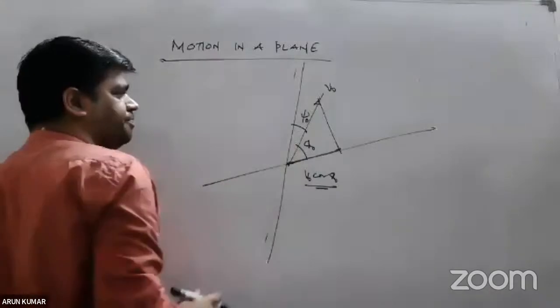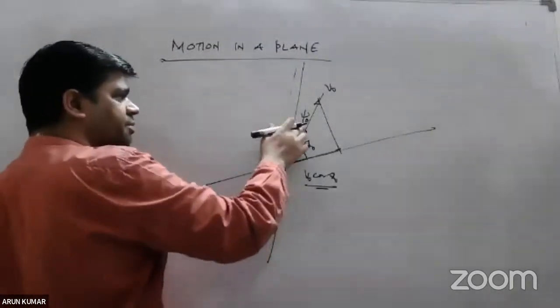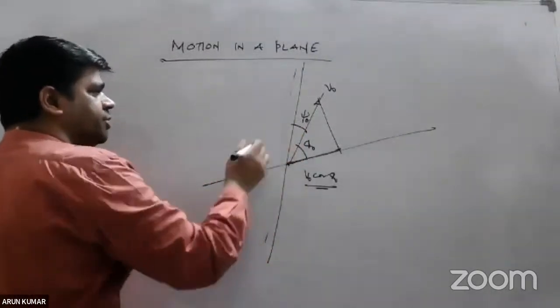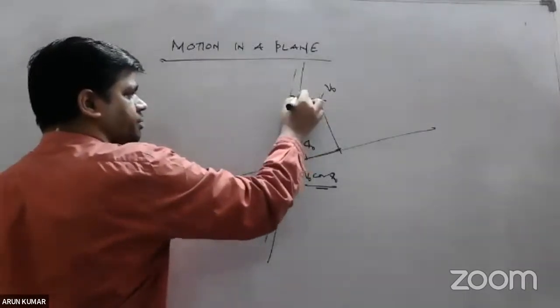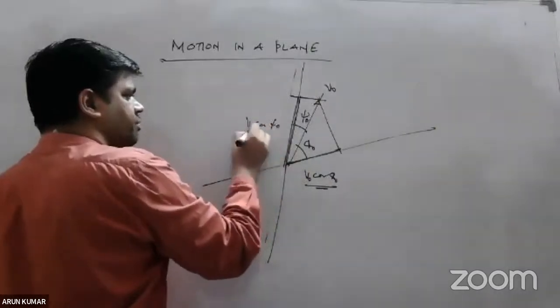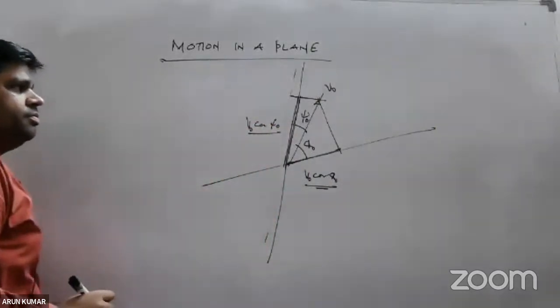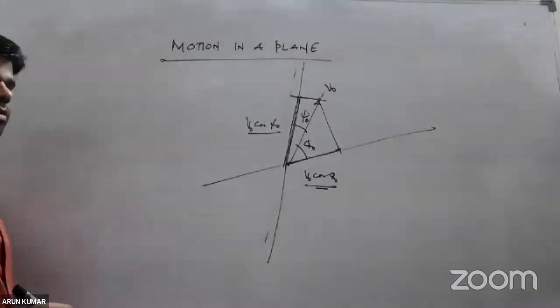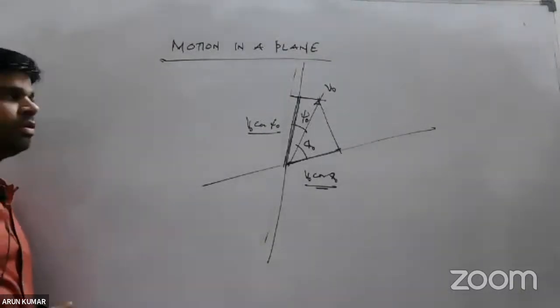It is V naught cos psi. V naught into cos of the angle between them. So this length would be V naught cos psi. Right? Is it okay? Yes, sir.